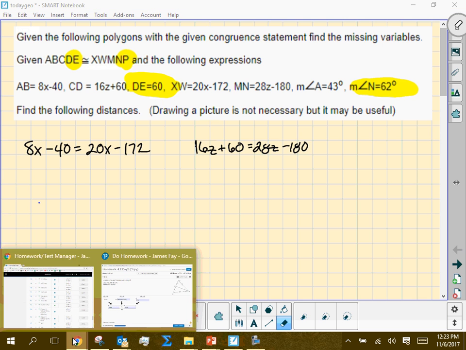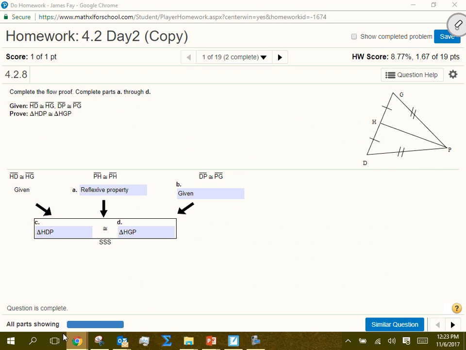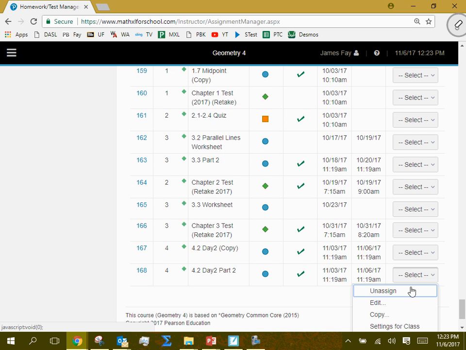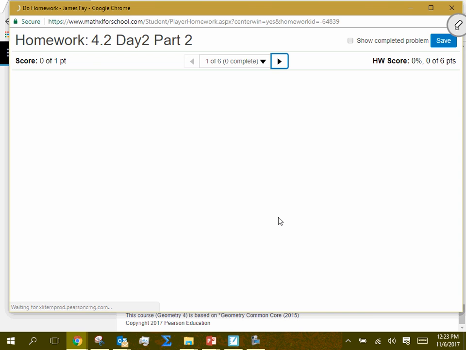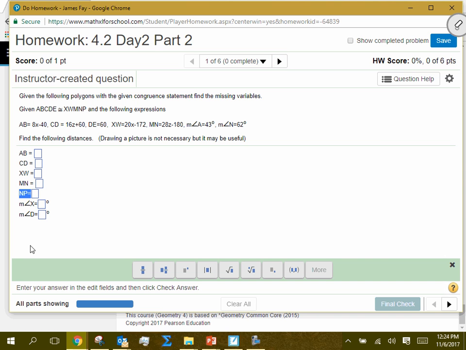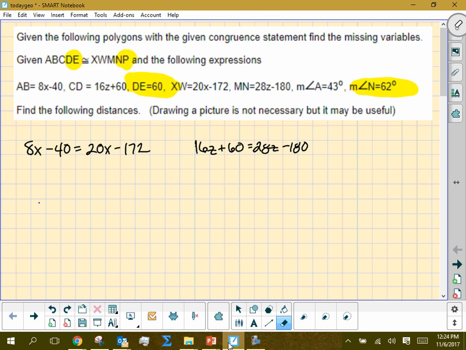There's A, B, C, D, X, W, and MN. But you do see that it asks for NP, right? Well, that's coming from this last congruency. NP should be the same thing as DE, right? DE was 60. So that one should probably have been the easiest one to come up with.